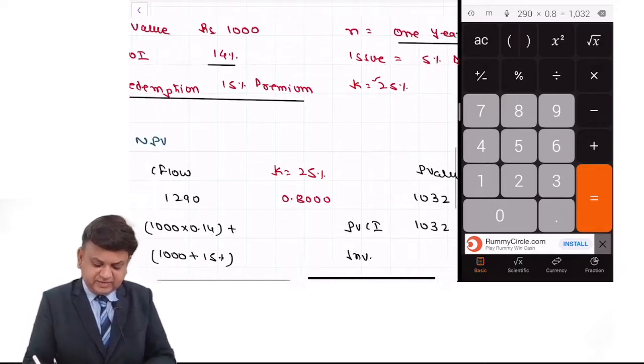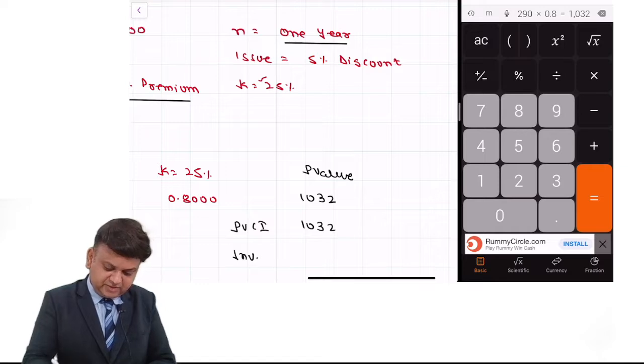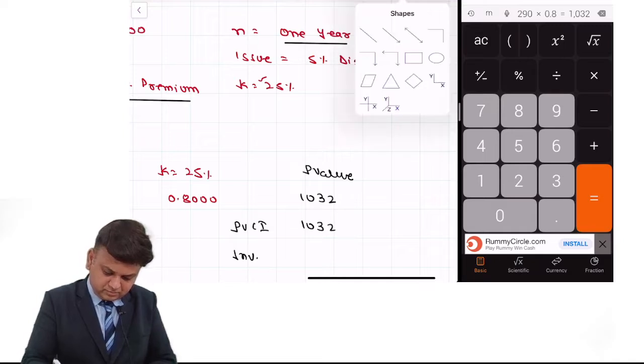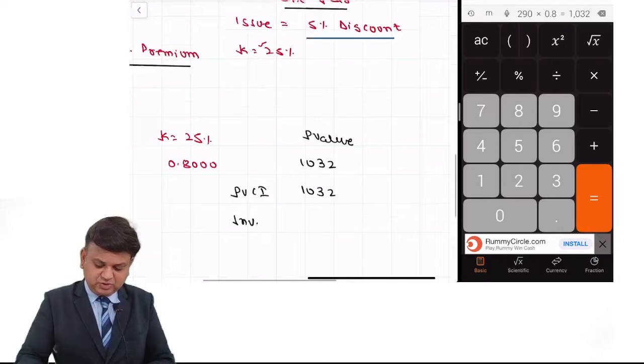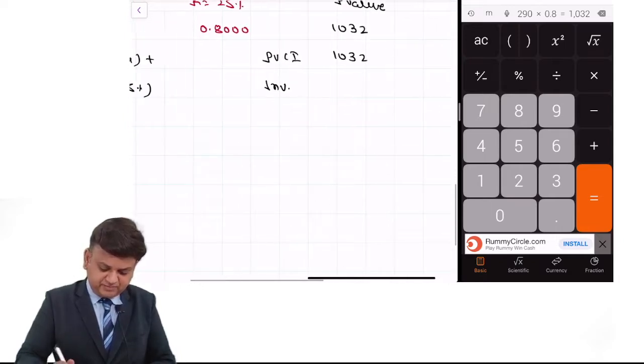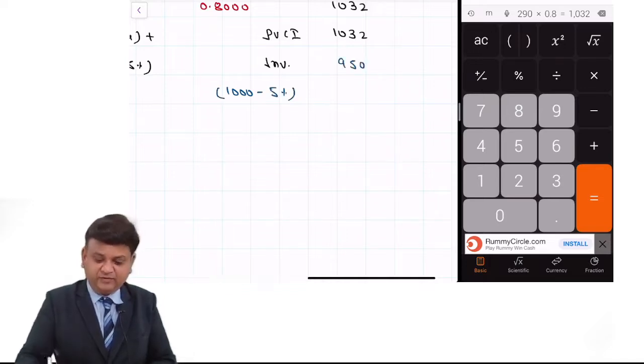It has been given, friends, that the security is issued at a discount at the rate of 5%. So it is 1000 minus 5%, so the investment is supposed to be made of 950.